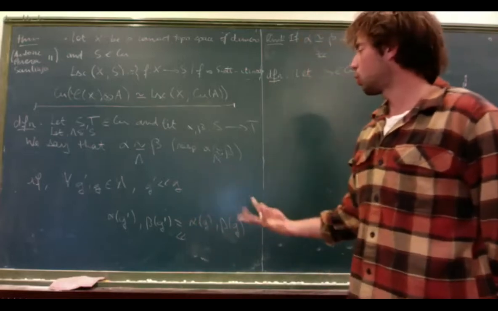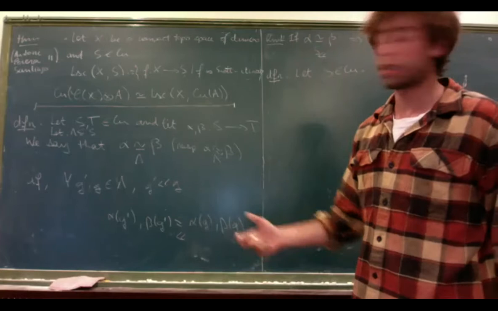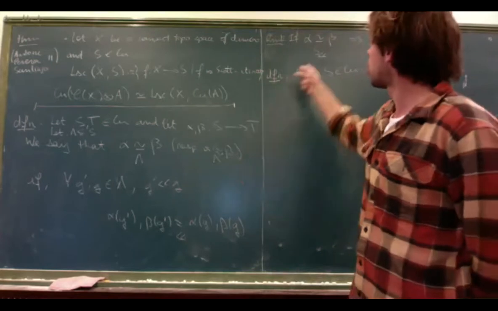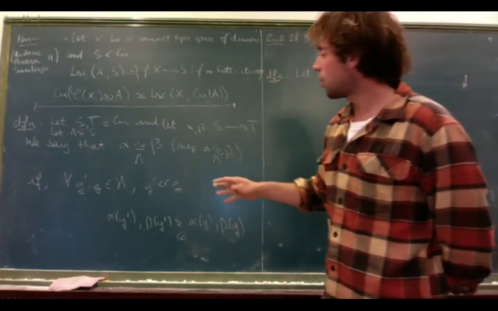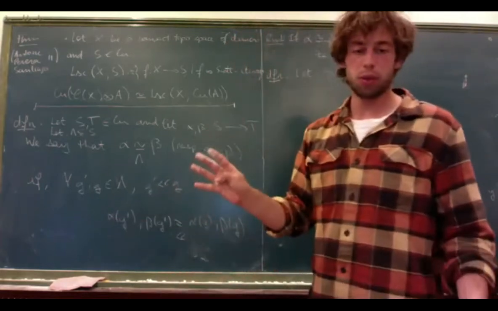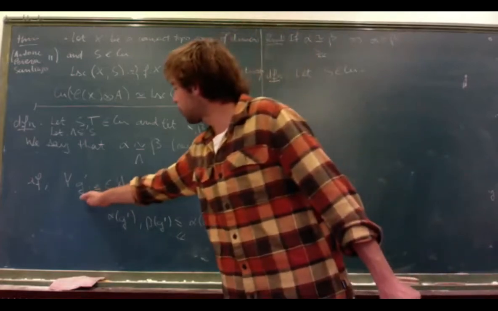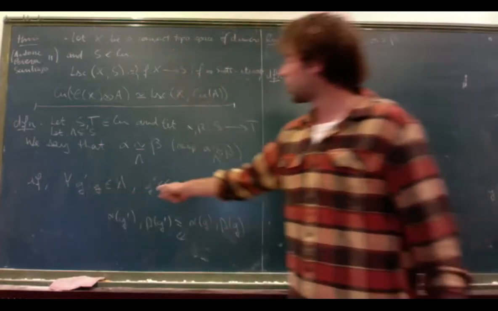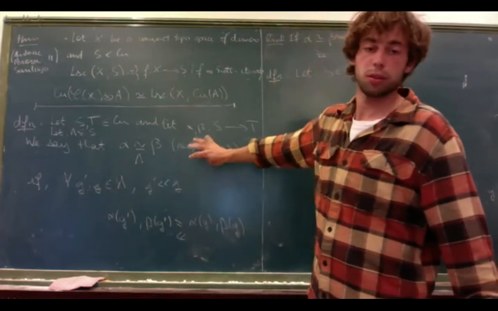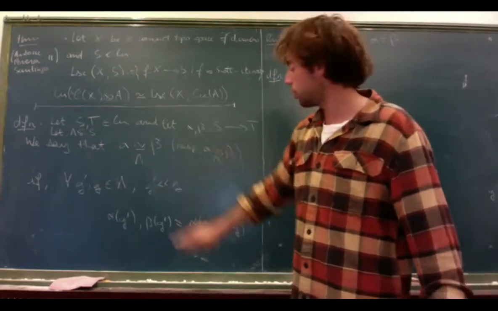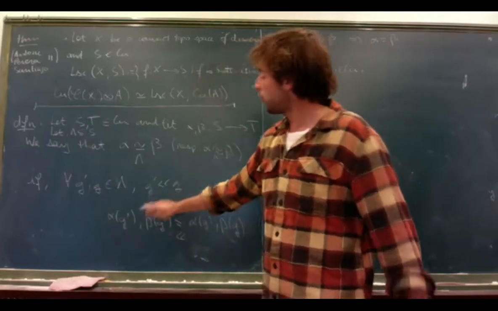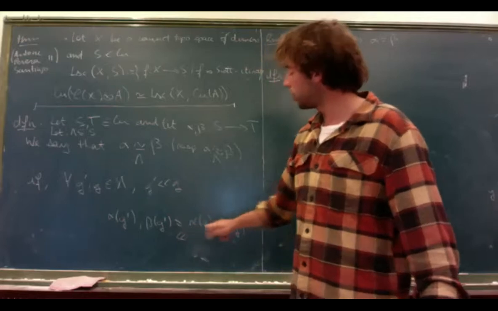So the intuitive way to see it is that if you take lambda to be, for example, the whole semigroup or a dense subset, okay? Let's say lambda is the whole semigroup. This means that for any two elements of my semigroup, such that one is way below the other, for now let's forget about the strict comparison, let's just go with this one, I can say that the images of the smallest one under both morphisms compare with the images of the biggest one.